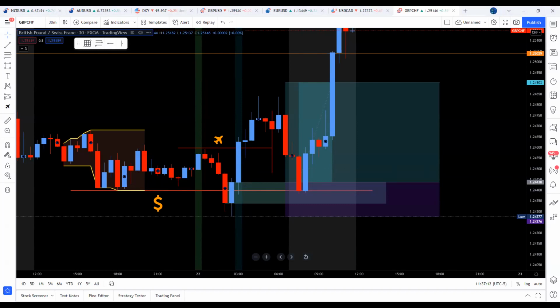Sir, this blue candle means order block. There is a small, not small but medium size wick. Is this a problem or not? No, there's no problem. Do you know why there is no problem? Because it's the one going up.